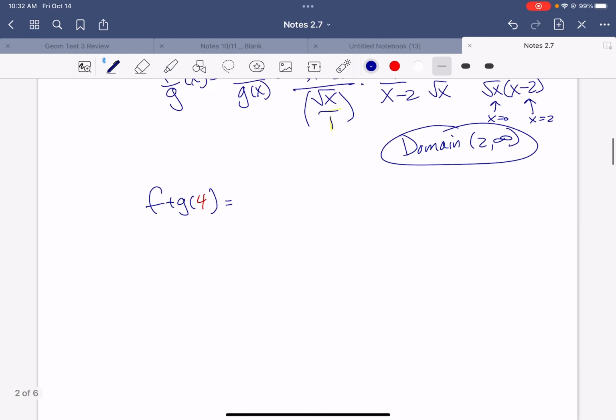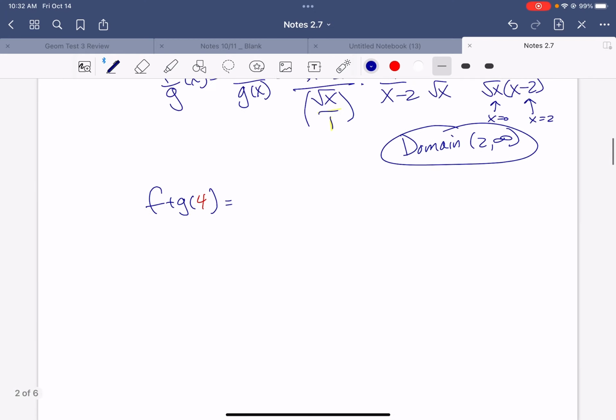Okay, so using graphical addition. If we use graphical addition, it just simply means that if you have these two functions, so here is g, it gives you these outputs. Here's f, it gives you these outputs. And what I want to know is for any point, for example, this point right here, what do I get out of f plus g?